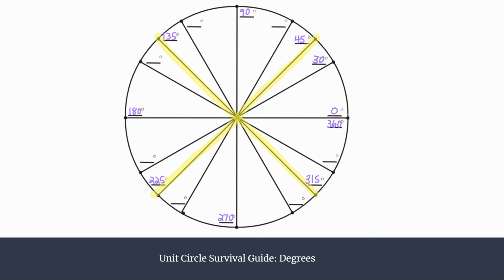Those were in increments of 45. So we're counting 30, 60, 90 is already labeled. The 90 plus 30, 120, plus another 30, 150. We've got 180 labeled, plus another 30, 210, 240, 270 is labeled, 300, and 330. And you've got your unit circle labeled in degrees.